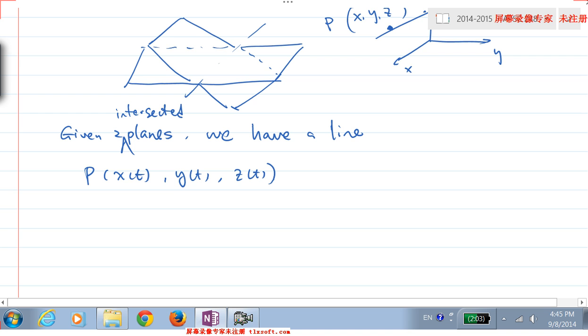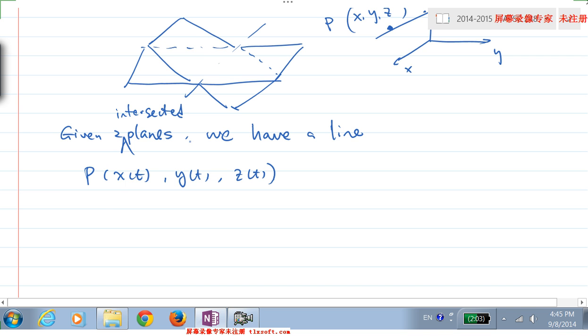So the idea is, unlike a plane equation where all the x, y, z appear in one expression, here we focus on individual x, y, z. Each one of x, y, z is going to be a function of t, or maybe s or u, doesn't matter, a variable.